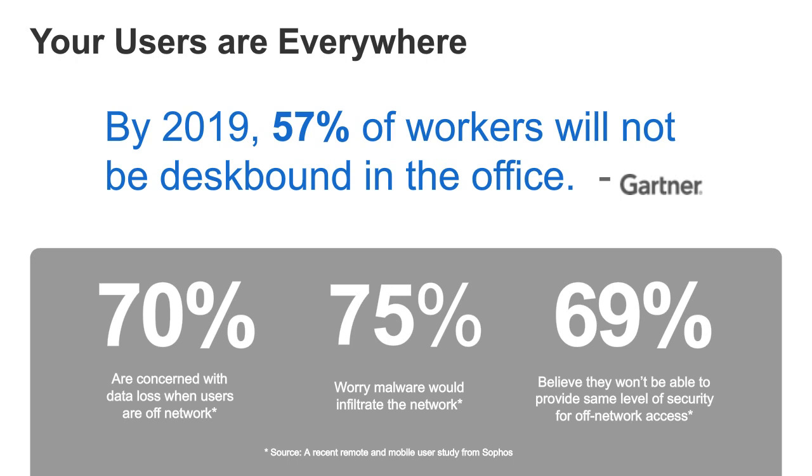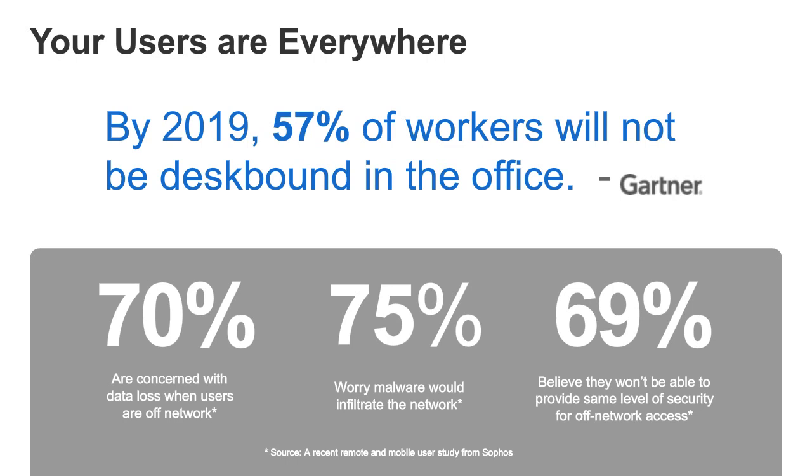And a recent survey said that three-quarters of organizations are concerned about data loss or malware when these users are connecting from outside the corporate network, so to speak, right? So that's another challenge to think about when you're implementing security solutions. How can you make your security follow your users?